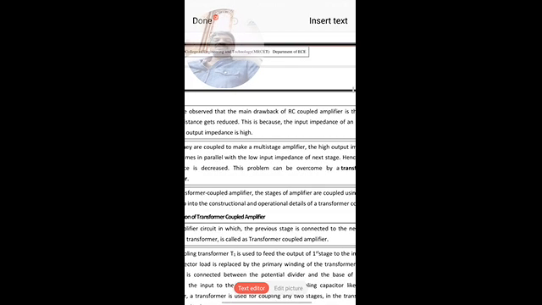Therefore the effective load resistance gets reduced, and this may reduce the gain of the amplifier.